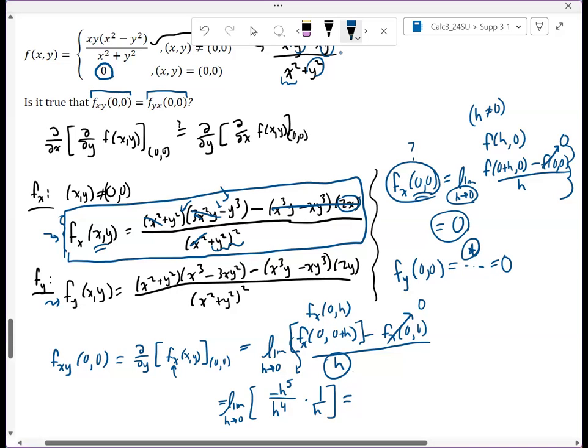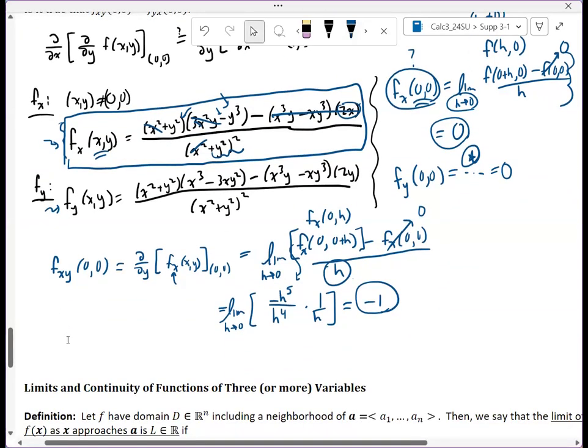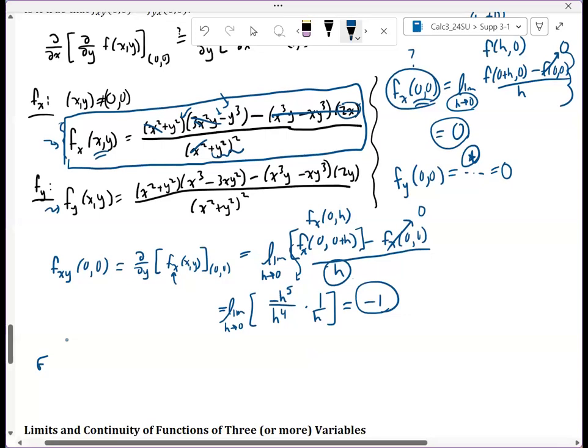All of my h's divide out, and this gives me the limit as h goes to 0 of just the constant -1. So fxy of 0, 0 equals -1. As an exercise, show that fyx of 0, 0 equals +1.